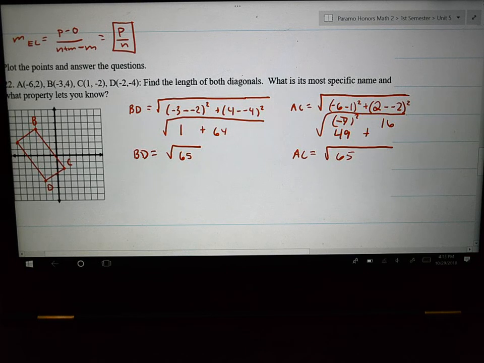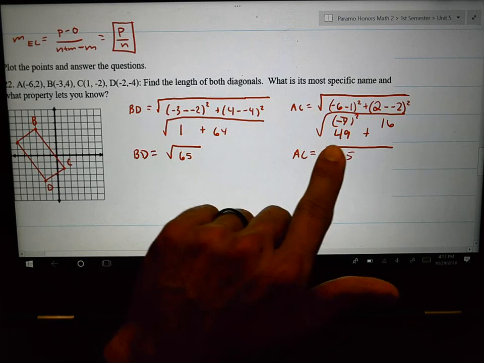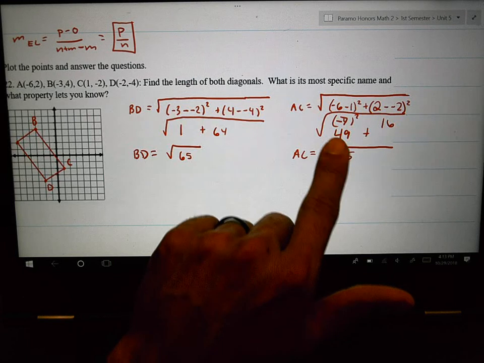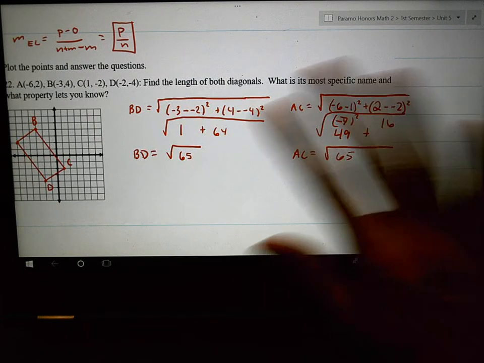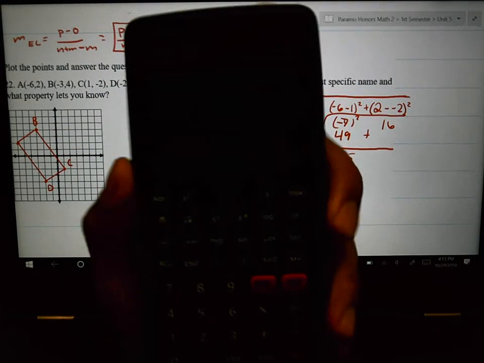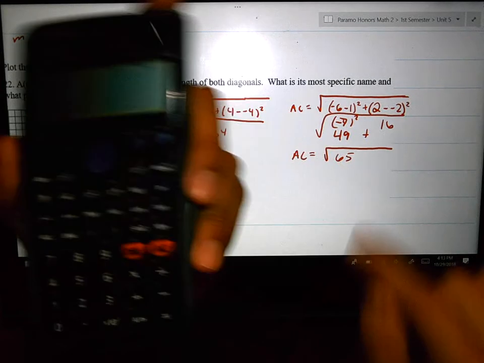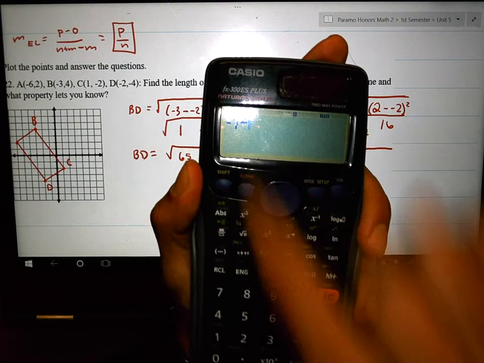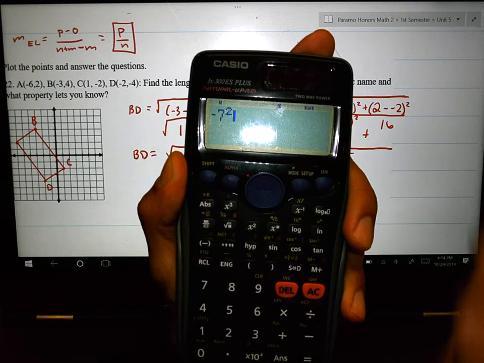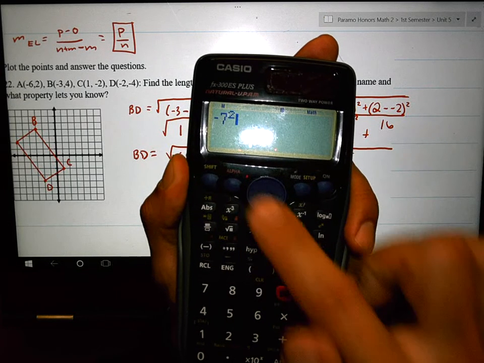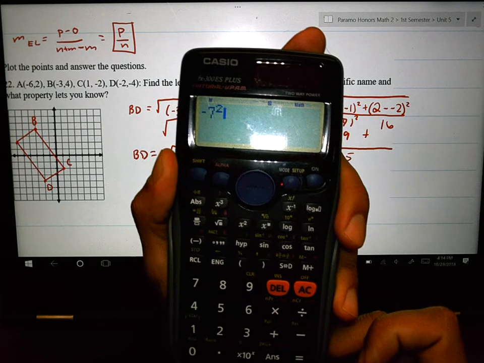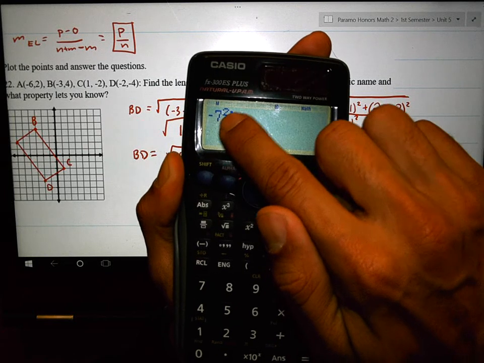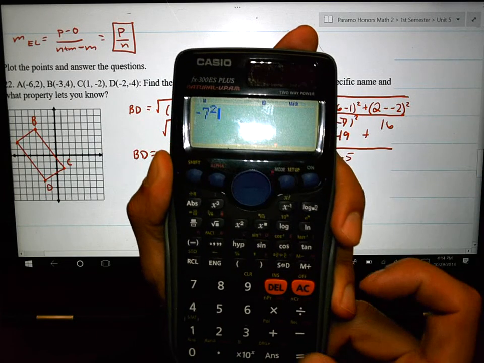Let me emphasize that one more time. Something that you should know, because this is not related to this question, but it is in some regards. If you try -7 squared without parentheses, your calculator does not know the difference. So -7 squared, it's going to do the exponent first, then the negative sign, which makes -49.